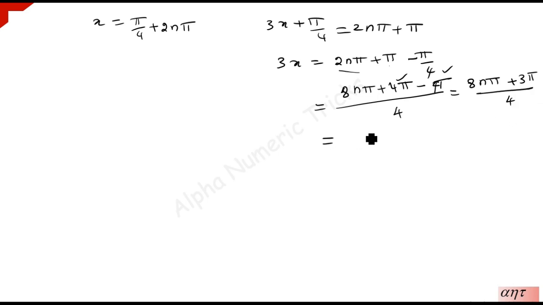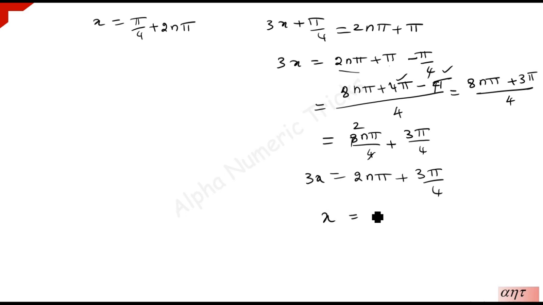Or you can write this term as 8n pi by 4 plus 3 pi by 4, or this term becomes 2n pi plus 3 pi by 4. This is the 3x value, or x is equal to 2n pi by 3.